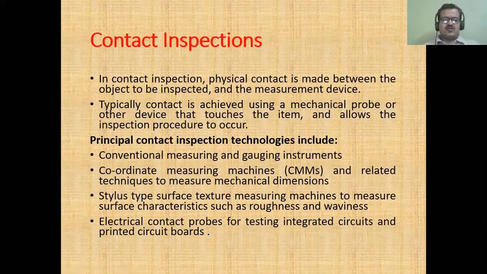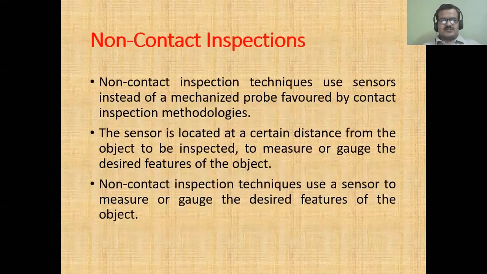We will discuss one or two contact type of inspection technologies. Then non-contact inspection techniques. In non-contact inspection techniques, there is no physical contact made between the part and the measuring instrument. So non-contact inspection techniques use sensors instead of a mechanized probe favored by contact inspection methodologies.